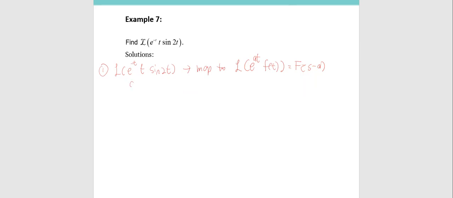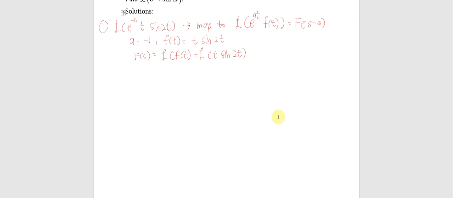In this case, a is equal to -1, f(t) equals t sin 2t. So F(s) equals the Laplace of f(t), which is the Laplace of t sin 2t. I'll put a star here so that we will go back to this transformation later.